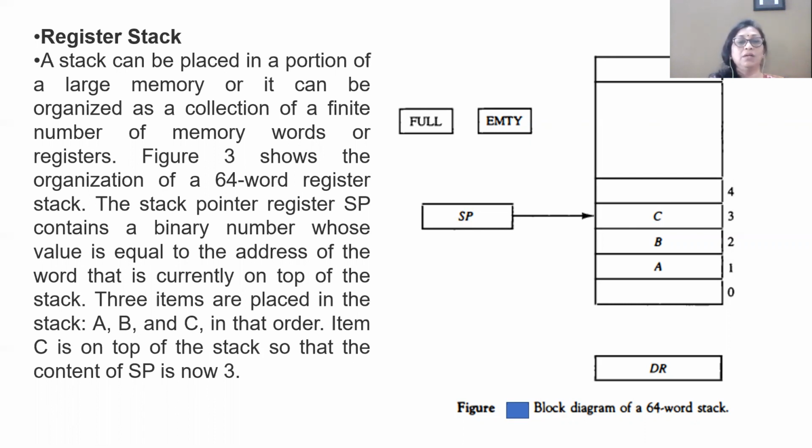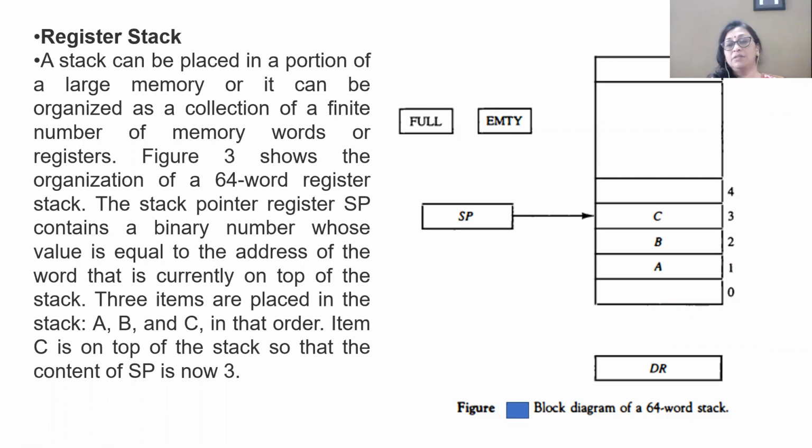Here 64 words, that is 64 registers, are used, starting from location 0 to 63. So these 64 registers are used to implement the stack. The top address of the stack is 63 here. What is the top address of the stack? It is 63. So what must the stack pointer register hold? It must hold 63 if there is an element in 63.